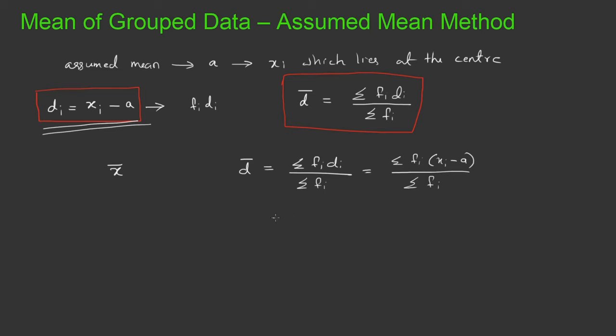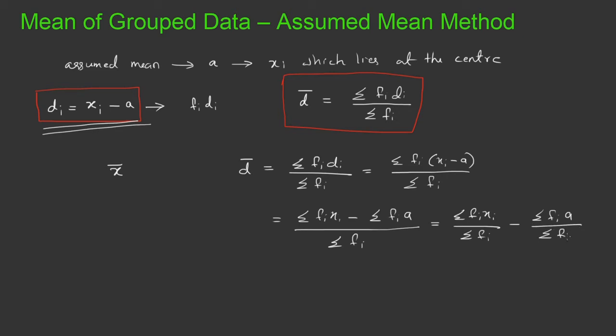That can be written as sum of fi xi minus sum of fi A, divided by sum of fi. Rewriting it like this: sum of fi xi divided by sum of fi, minus sum of fi A divided by sum of fi.